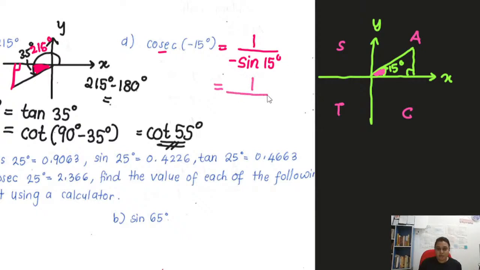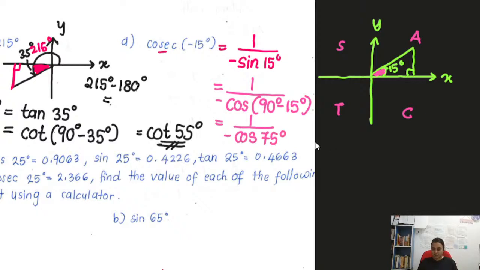Cumanya now only you can change to the best friend. Sekarang baru boleh tukar to best friend. So dia akan jadi cos, okay, 90 tolak with 15. Okay, 90 tolak with 15, we get 75. Okay, negative cos 75.